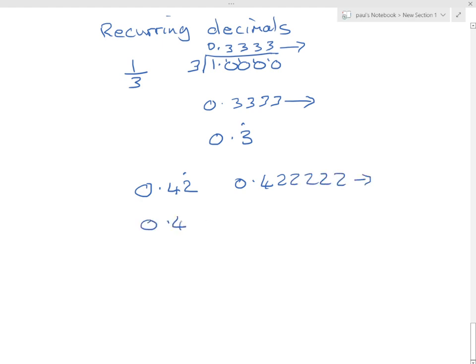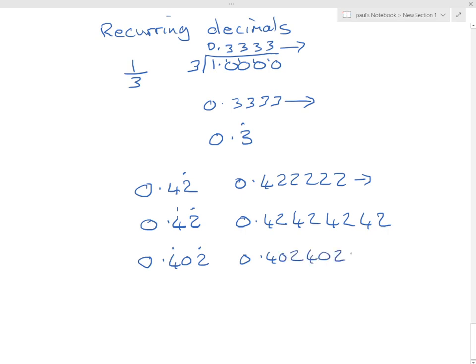If we had 0.42 and there was a dot above both of them, it would mean both of these numbers recurred, so it would be 42, 42, 42, 42. They're like the ends, the extremities of the recurring bit. If we have 0.402 and we've got a dot above these two, that would mean that the 402 would repeat. So that's the short way to write recurring decimals, just to put the little dot above.